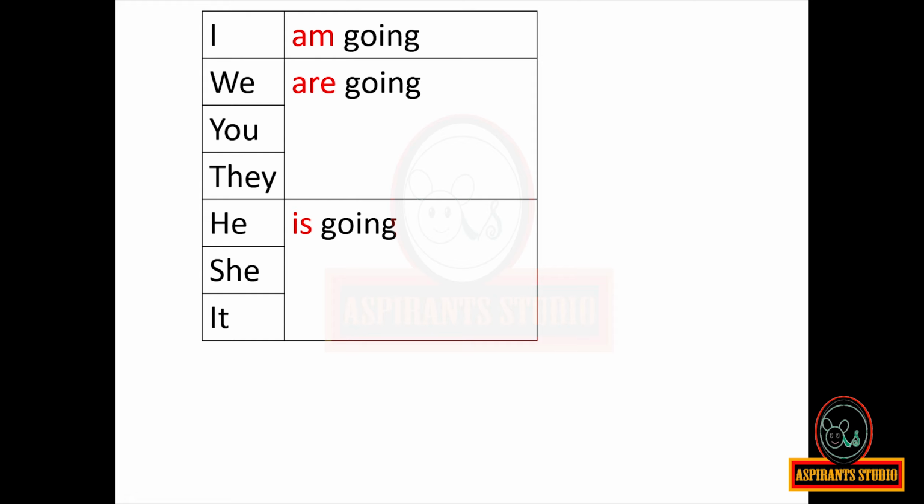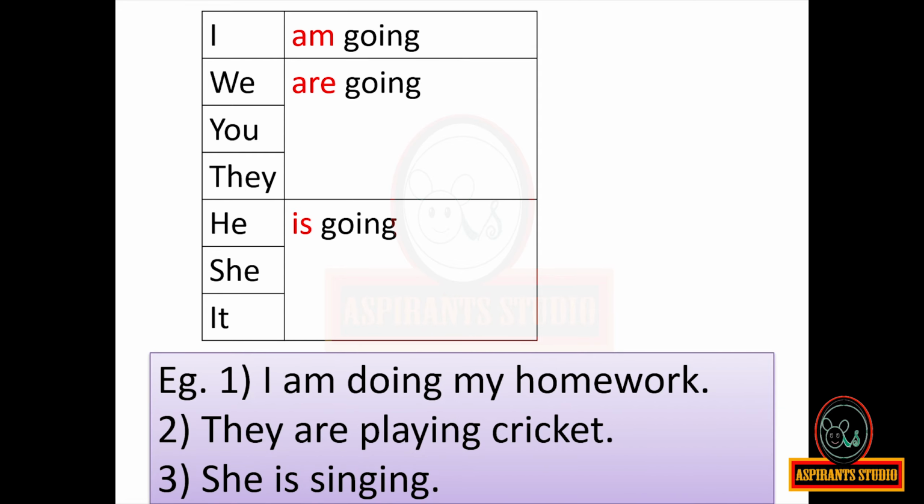For he, she and it, the auxiliary verb is is used with the present participle. Example, I am doing my homework. They are playing cricket. She is singing.